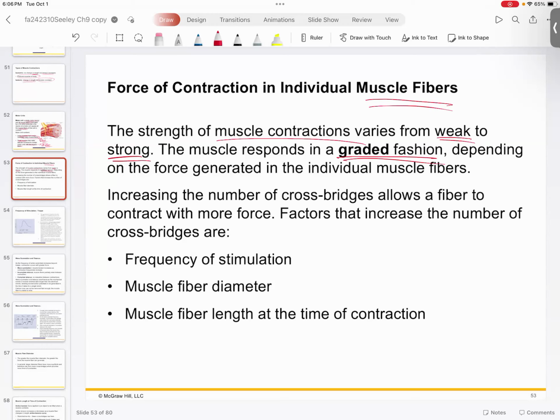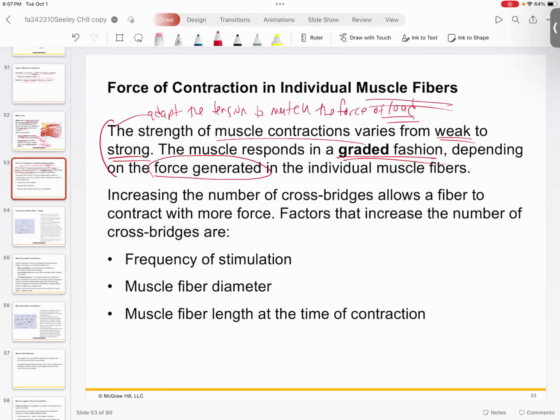So you have this graded contraction, and it all basically is communicated by the force that's being pushed on those individual muscle fibers. So what this is basically saying is that not only can you create force and tension, but basically you can adapt the tension to match the force of the load.